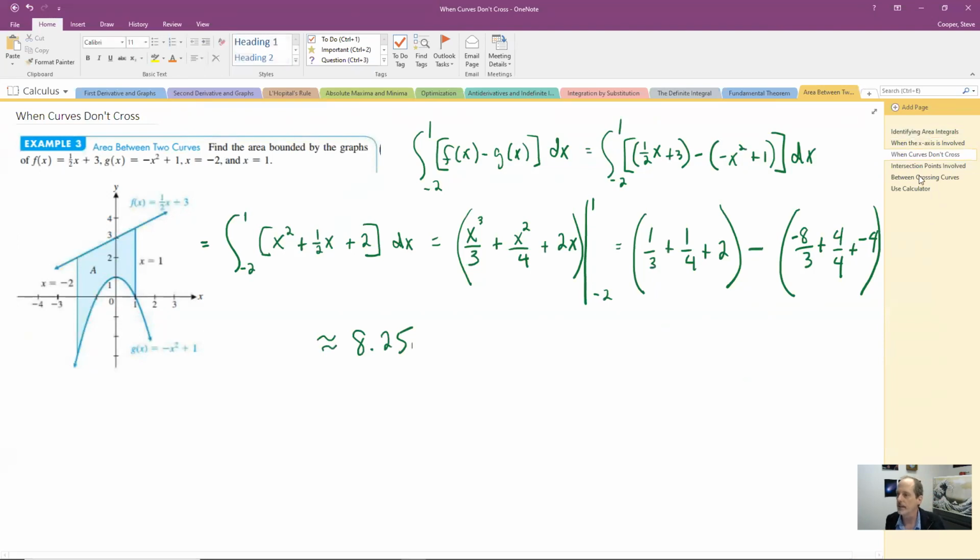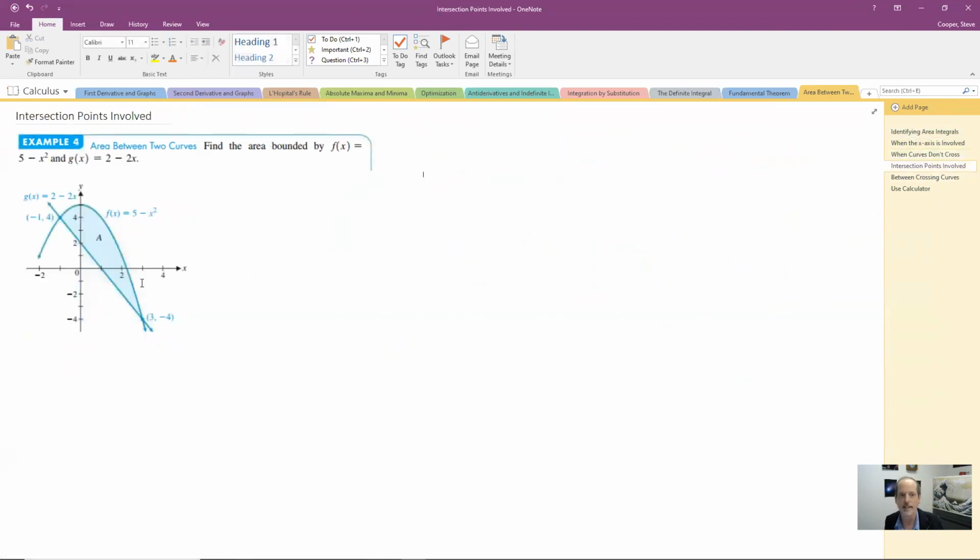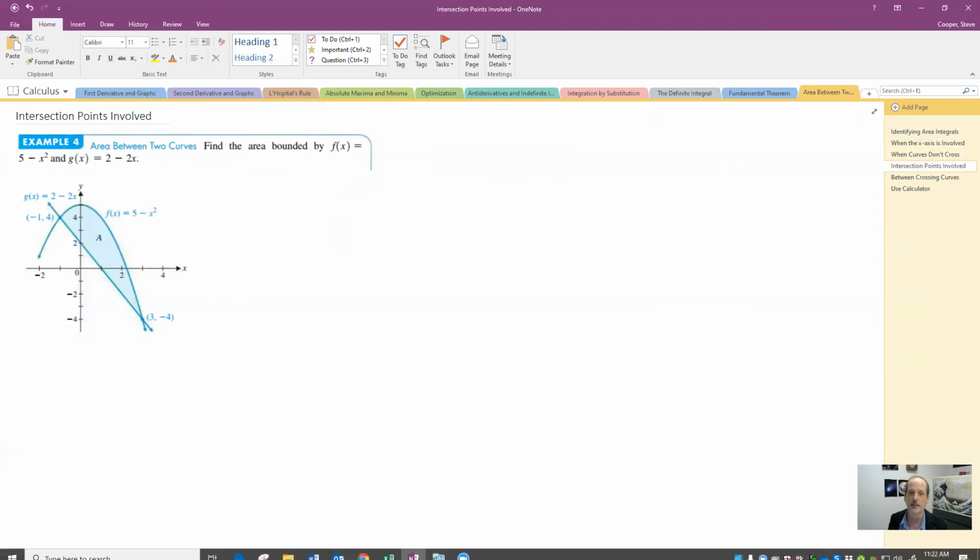Now we've got a little extra complication when we're asked a question where there's intersection points involved. This is just saying find the area bounded by f of x equals 5 minus x² and g of x equals 2 minus 2x. Well, I'm going to have to take a look at the graph.